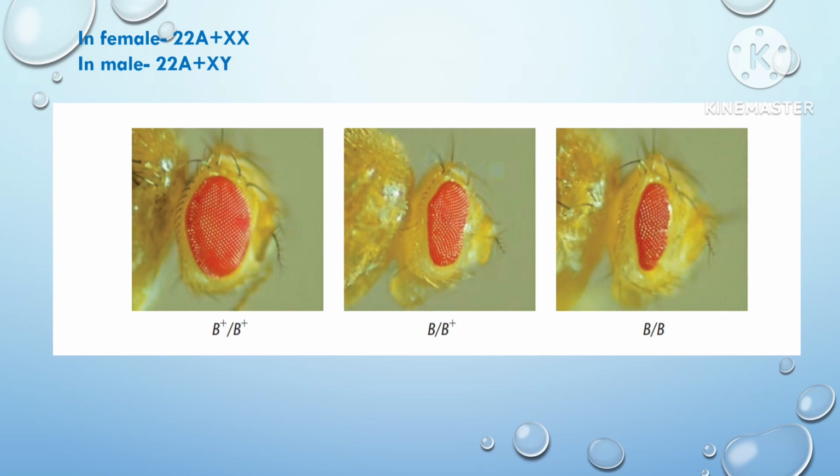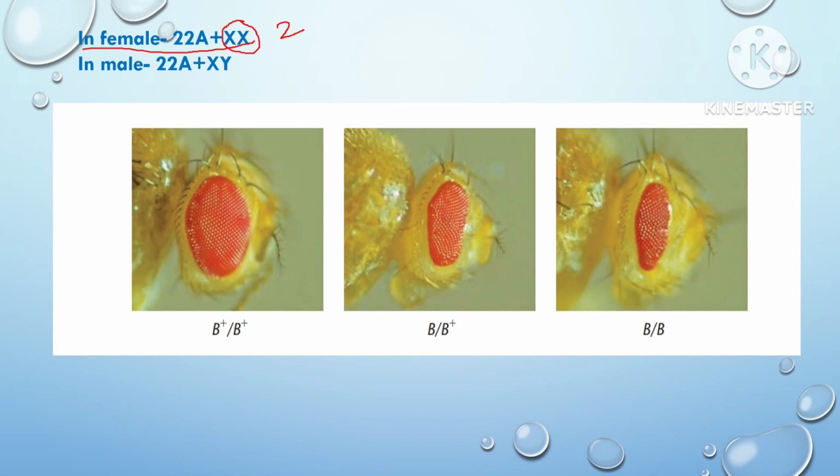We know in female we have 22 pairs of autosomes and 1 pair of sex chromosomes, that is XX. So in case of female we have two X chromosomes.